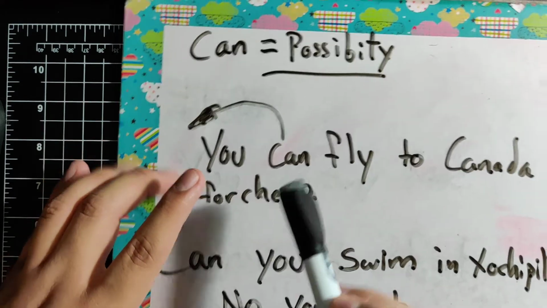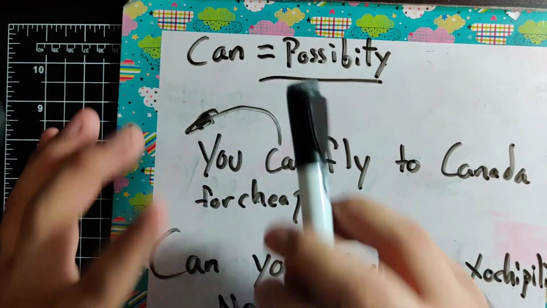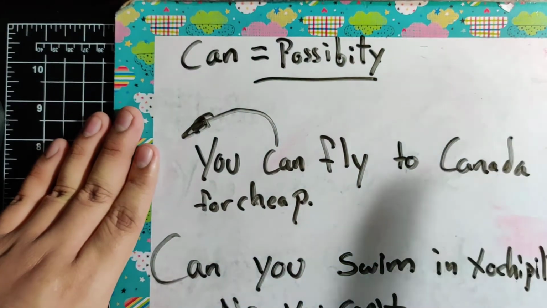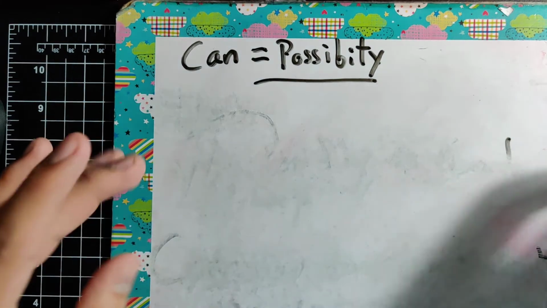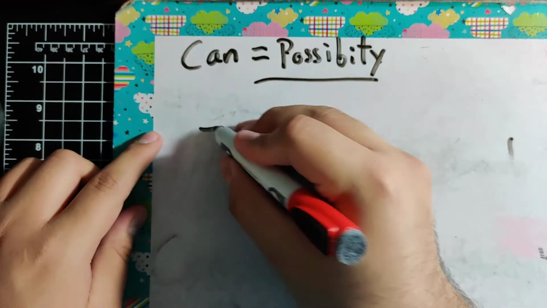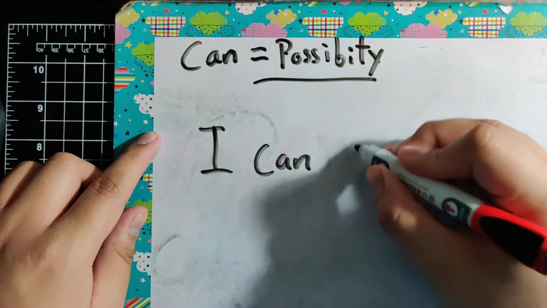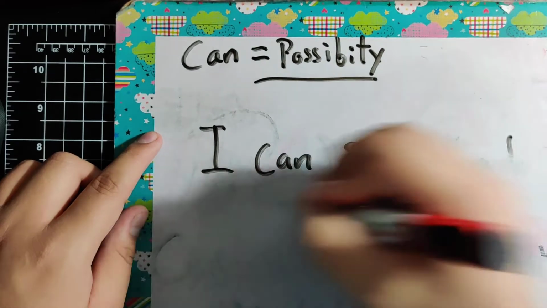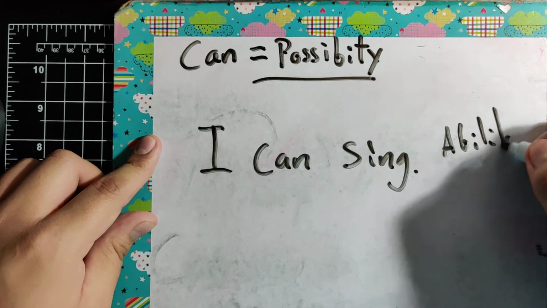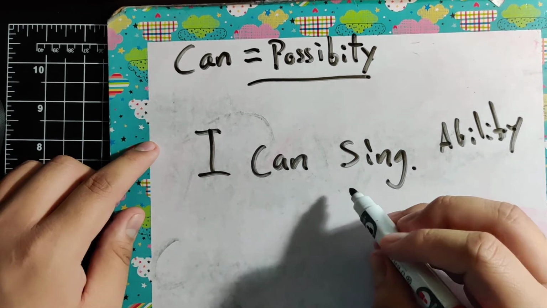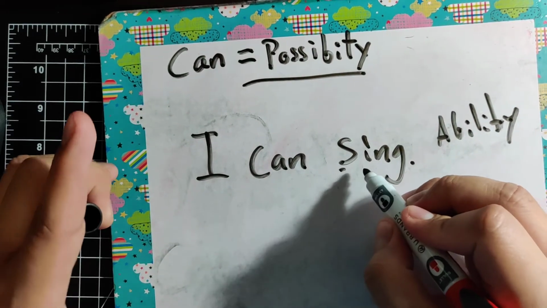Okay? Remember, we're talking about possibilities, not abilities. For example, let me tell you what I mean. Just one last example. There's a difference if you say, I can sing. This is an ability. Okay? Because you say that you can sing, pueden cantar.